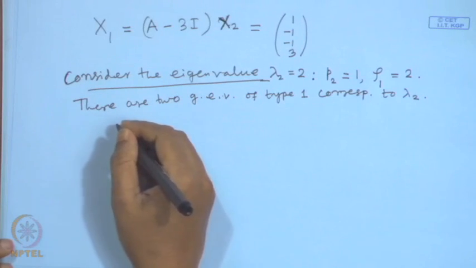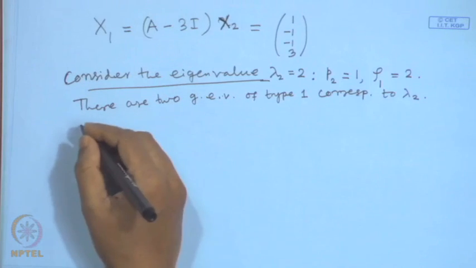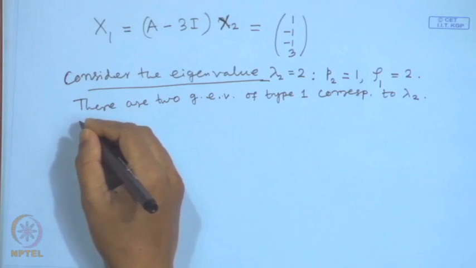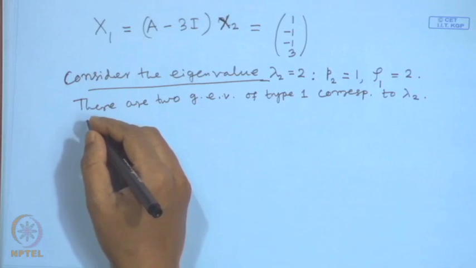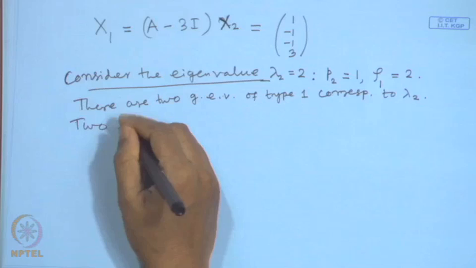So, we find two linearly independent eigenvectors corresponding to lambda 2.